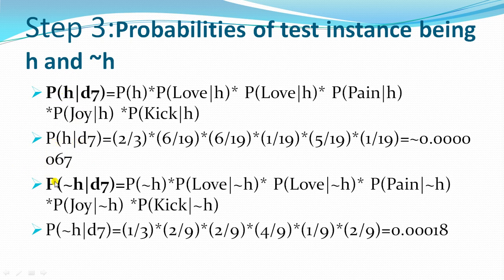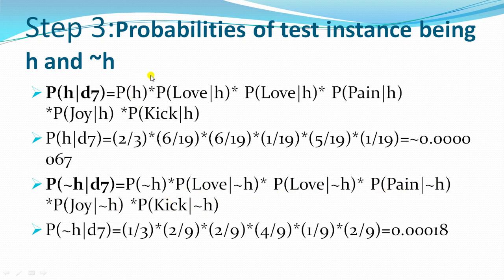Now let's go to the class no. What's the probability of that particular test statement being in the class negation of H, that is no? The formula remains the same: P of negation of H into the multiplication of the probabilities of all terms available in this test data.